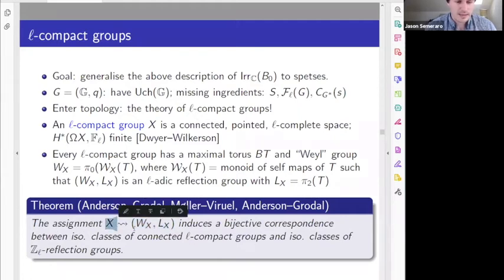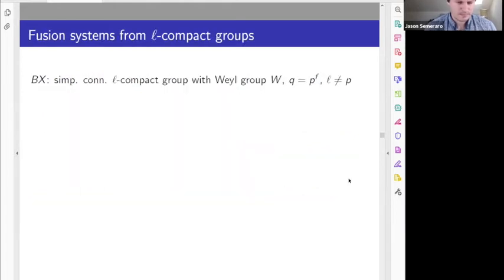The assignment which sends X to (W_X, L_X), as I described it above, induces a bijective correspondence between isomorphism classes of connected l-compact groups and isomorphism classes of Z_l reflection groups. And that was proven for p odd by Andersen, Grodal, Møller, and Viruel, and then for the prime 2 by Andersen and Grodal later on. So that's the fact that we really want, because it tells us what these l-compact groups actually are.